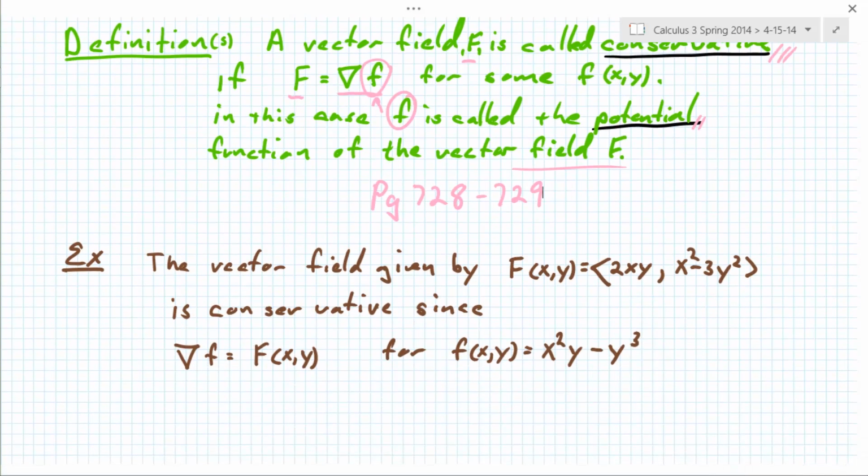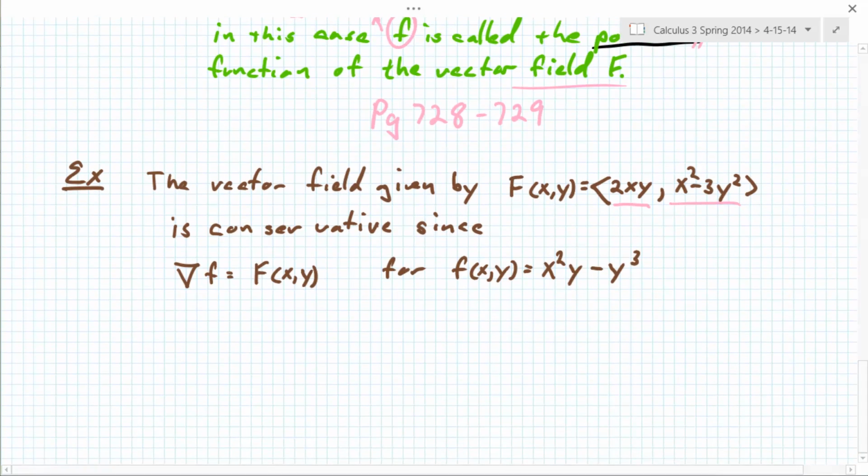So just really quickly, the vector field given by (2xy, x squared minus 3y squared) is a conservative vector field, since it is the gradient of this function. Now you may want to check that. Well, what is the partial with respect to x of this function? Well, remember, I treat y as a constant, take the derivative with respect to x, so I get 2xy, and then minus y cubed.